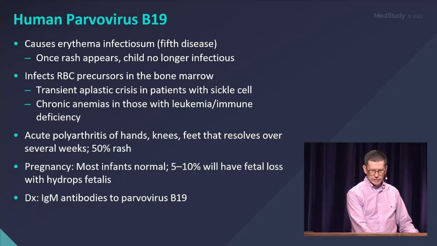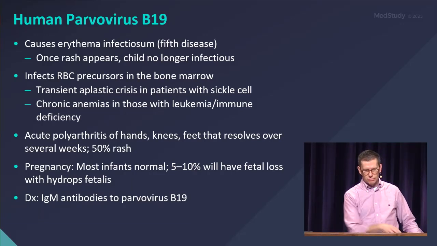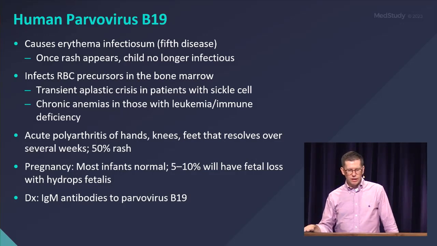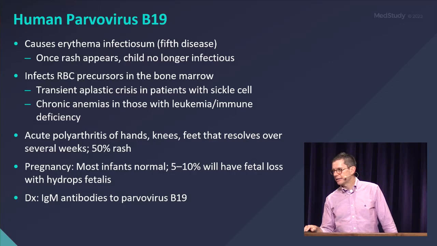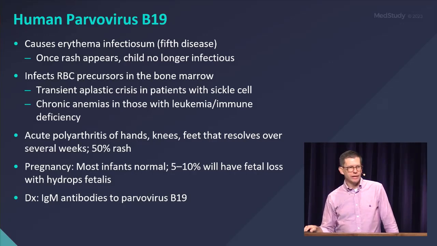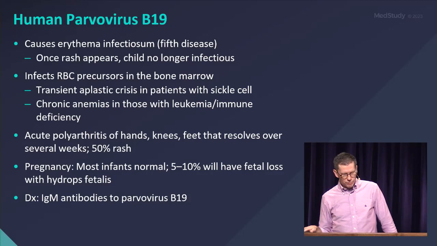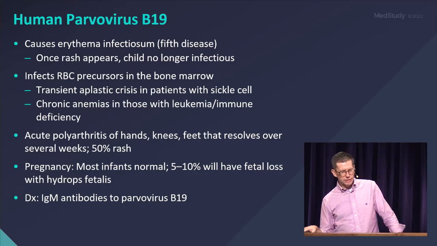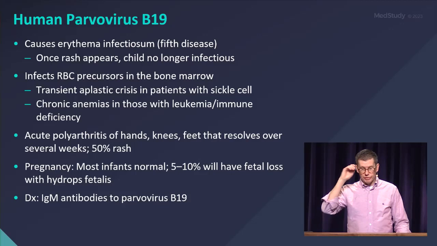Other viral things that can cause rashes that we think about, so erythema infectiosum, also known as Fifth disease. The key thing to remember they might ask about is when can the kid go back to daycare? Usually once the rash appears, they are no longer contagious, and so that's when they can go back to school. It can cause more severe manifestations in kids with sickle cell disease, namely transient aplastic crisis, or chronic anemias in those who have leukemia or other immune deficiency.